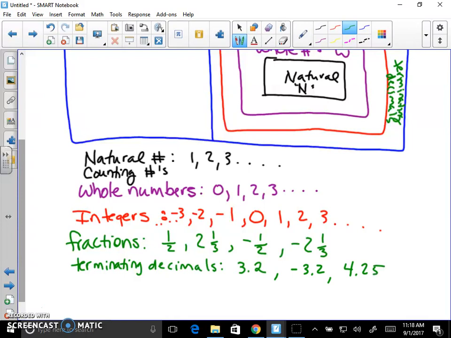And the other type of rational number would be decimals repeating with a pattern. So there's some kind of pattern there, okay? Decimals, and I'm just going to write decimals with a pattern.